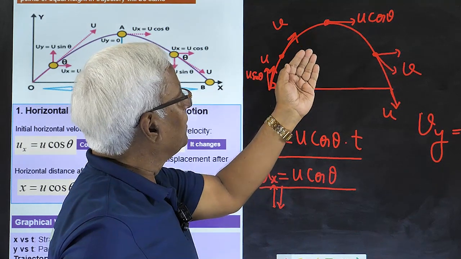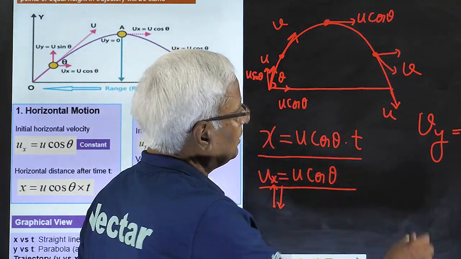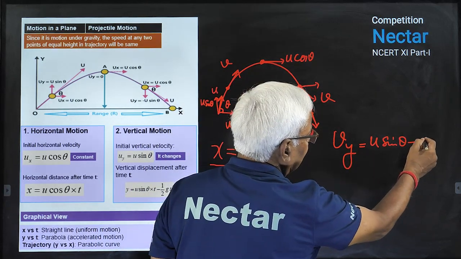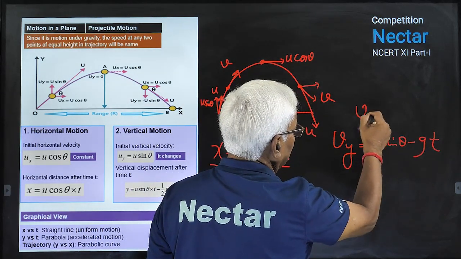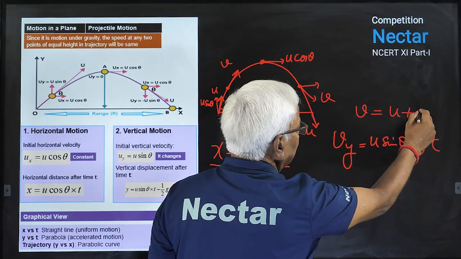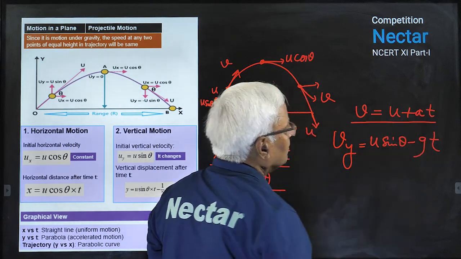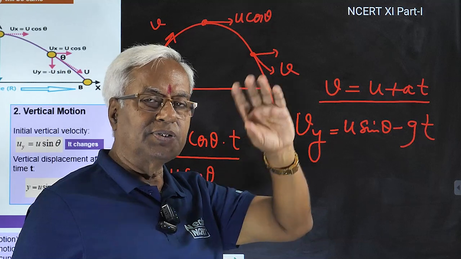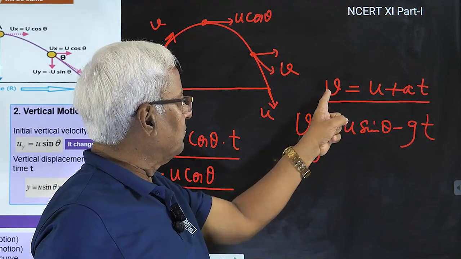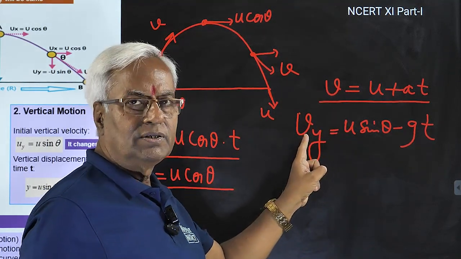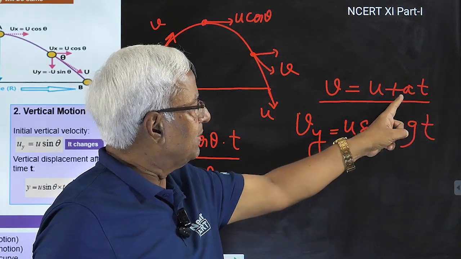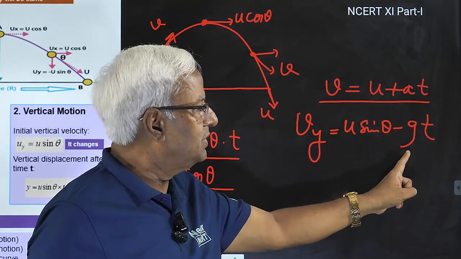This will go on decreasing, and if you want to find velocity in vertical direction somewhere, use this equation. Remember, I am using the first equation. This is final, this is initial, this is acceleration. But since in vertical direction, this is vertical velocity final, the point you may choose. This is initial vertical velocity. In place of a, you have to put minus g and t.